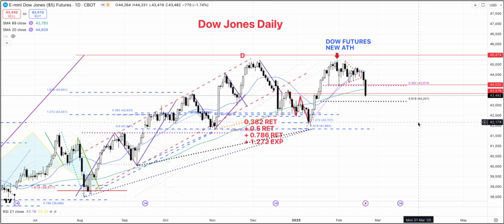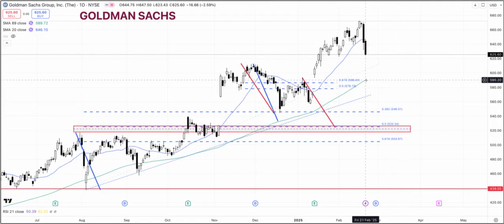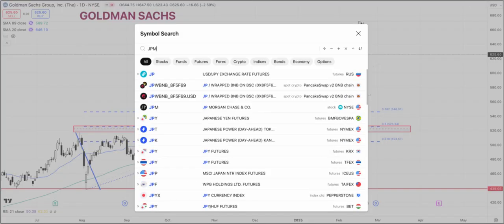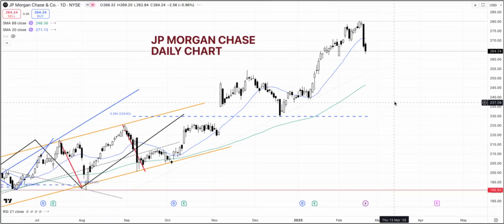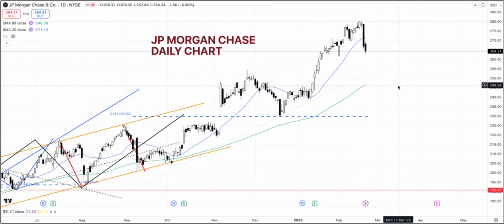So this is why, if we just take a look at some of the Dow stocks, such as Goldman Sachs, you can see a pretty big move to the downside, lost nearly minus 2.6%, and the day before minus 3.87%. So 2 consecutive days lost quite a lot in percentage. And then if we take a look at JP Morgan, you can see it lost minus 4.46%, and then nearly a percentage point last Friday.